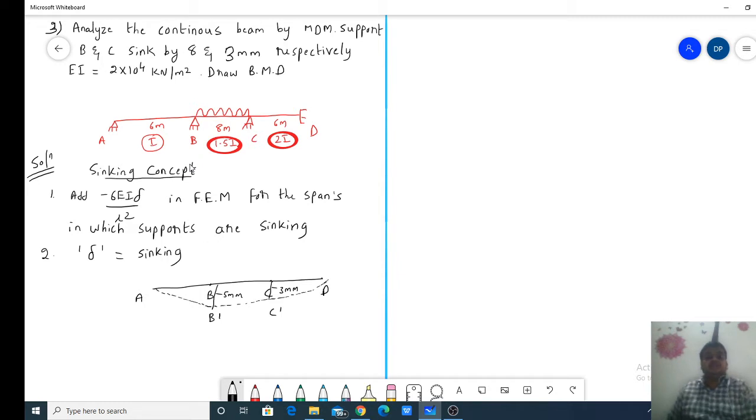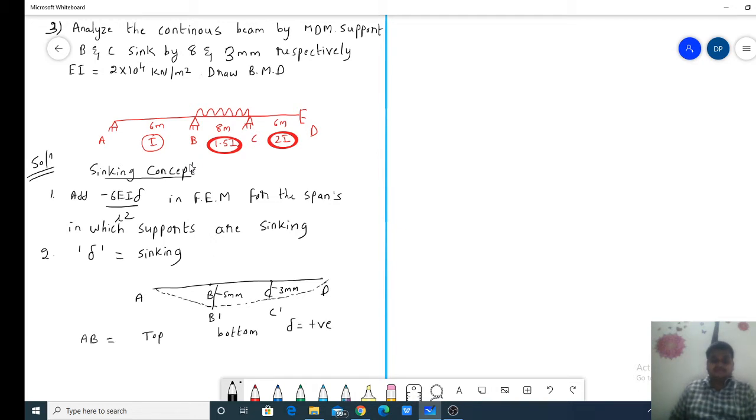Now whenever I am talking about span AB dash, A is to the top and B is to the bottom. If this is the case, then my delta will be positive.